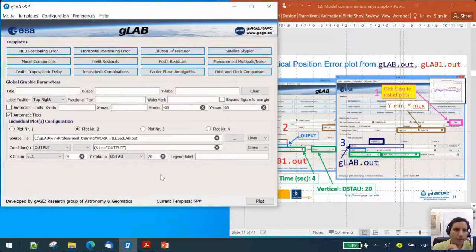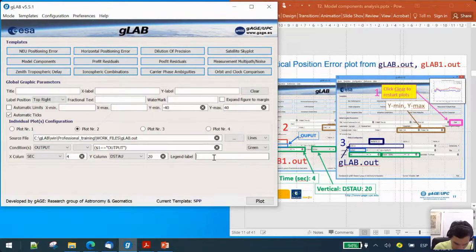And the column number 20 is the up error. To make it short, the delta, the difference of the station in the up component. And this is what we refer to by D esta U. So you can see this is the glab.out.